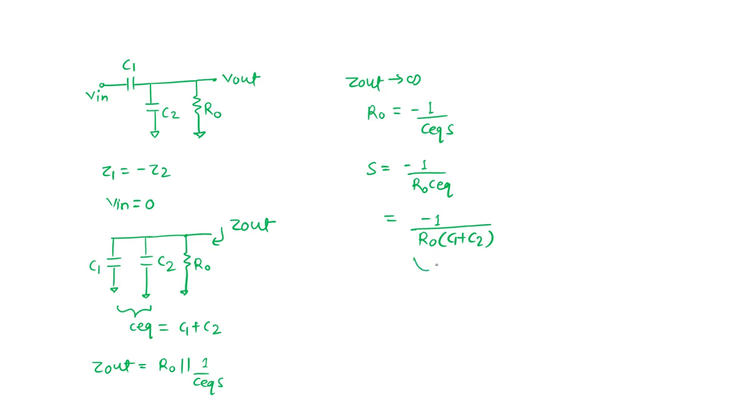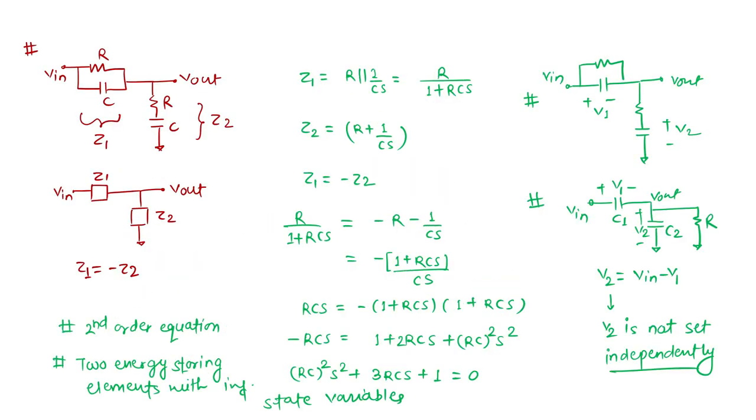So it is only a single pole. In this first set it looks like capacitors are there, but only one pole means two independent state variables are not there. Okay, so I think this is enough for the discussion of the pole calculation.